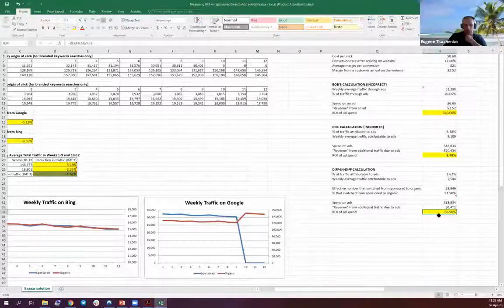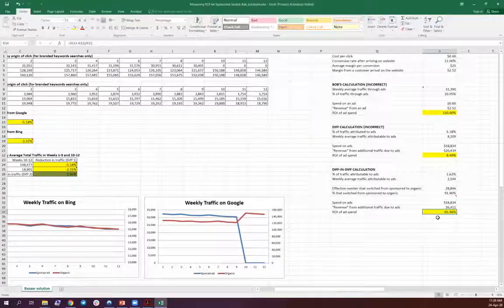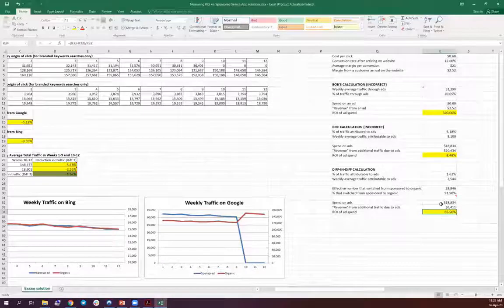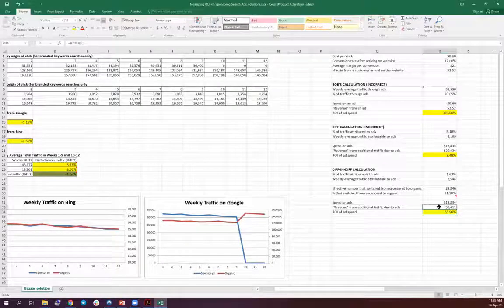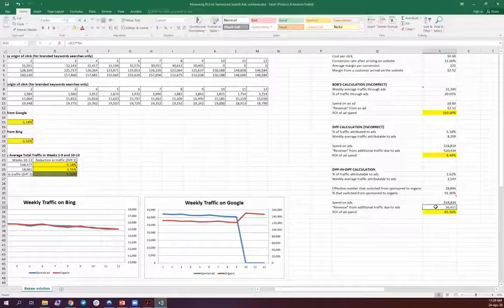Any other questions? So our assumption is that we are spending 18,000 for Google, and what we are gaining is only 2,500 extra traffic. So all others could reach us via organic.